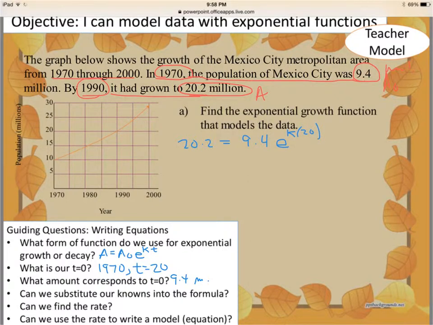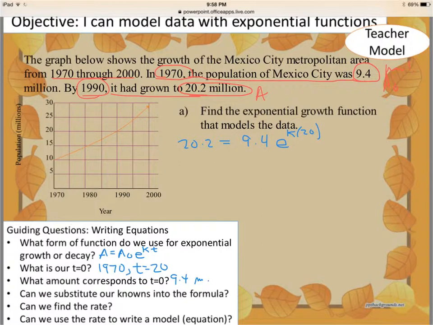So we're finding out what the exponential growth rate is from 1970 to 1990, because that's the data points that we are using. Okay, so we have our knowns plugged in to our format of the equation, and now the only thing that we don't know is k, which is good because we can solve for that since we only have one unknown. So just think about how we solved our exponential equations before.